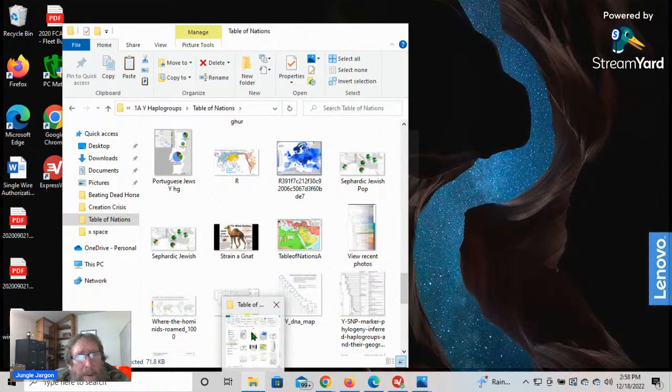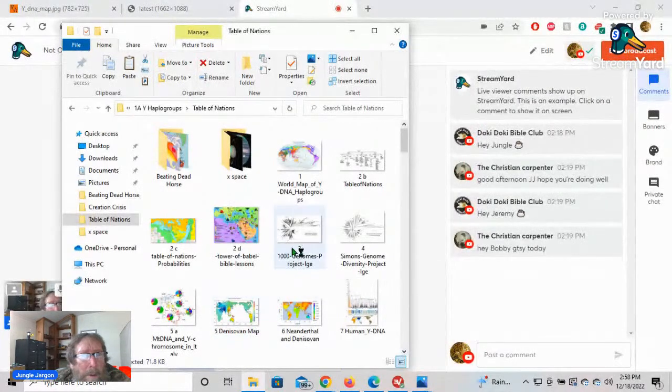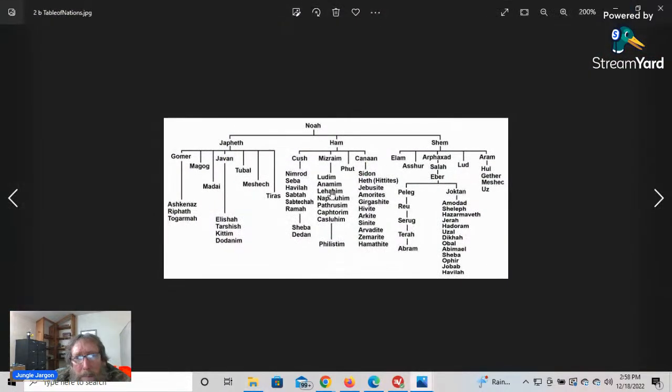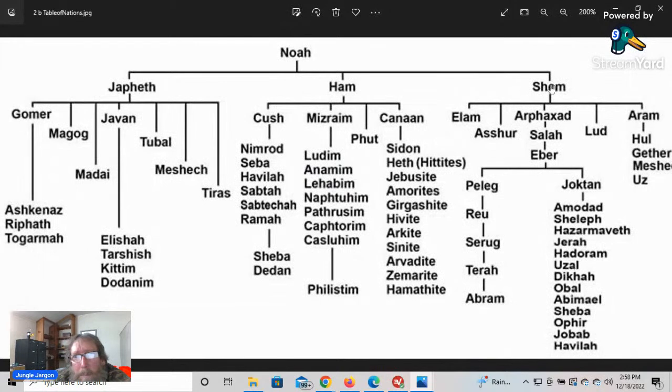This is what, Table Nations? Let me see. Okay. Of course, the Table Nations here. So Japheth would be the oldest son with his 7 sons here.